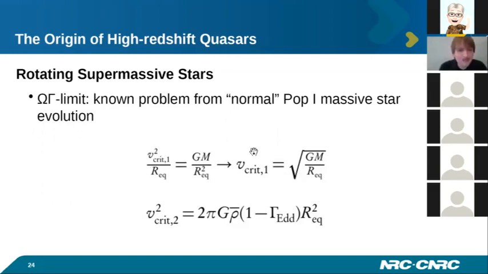Here we have a derivation of what the critical rotation rate would be. It becomes an even worse problem if you account for the fact that these very massive stars are very close to the Eddington limit, so there's an additional lifting pressure, which makes it even more stringent.